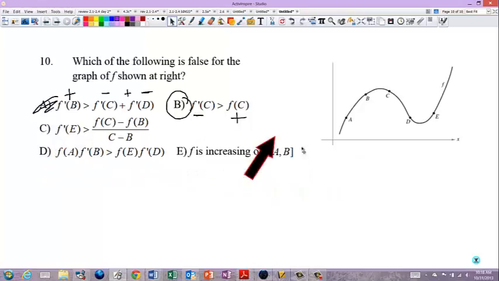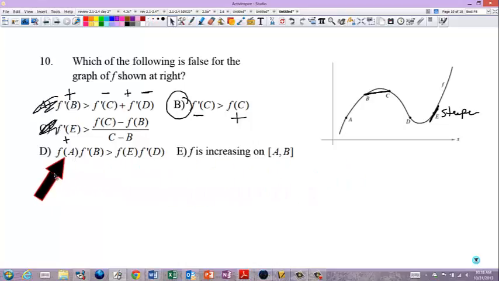F prime of e, that's the slope at e. It's increasing. It's positive. Is greater than the slope between b and c. So here's the secant line, and there's the tangent line. So e is steeper. So this is true. So it's not that one.